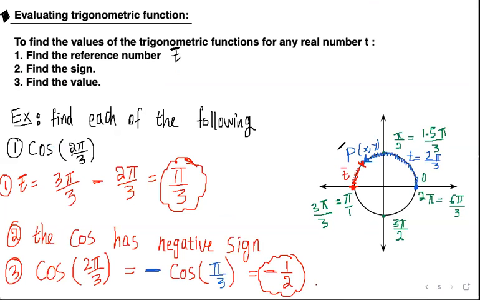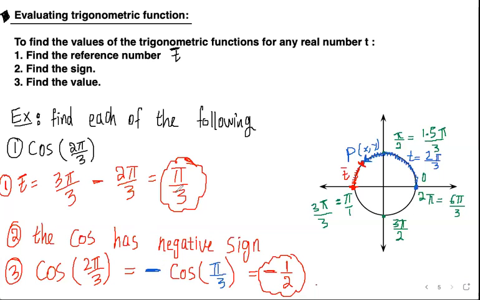Any question? Is it clear? The negative comes from the second step.